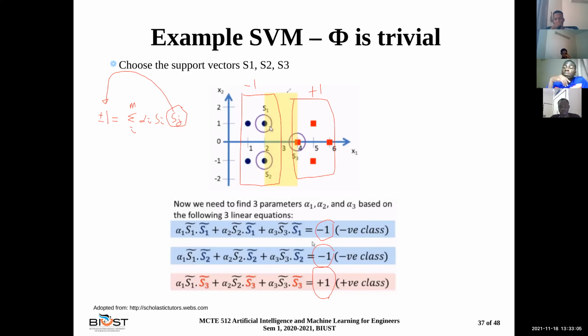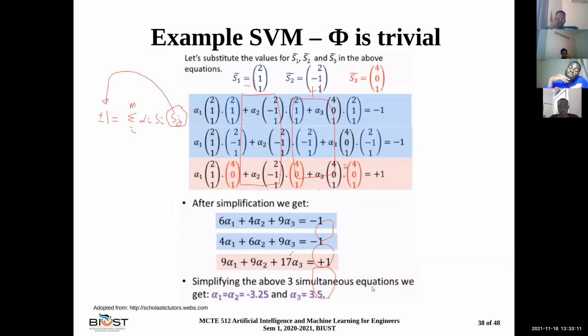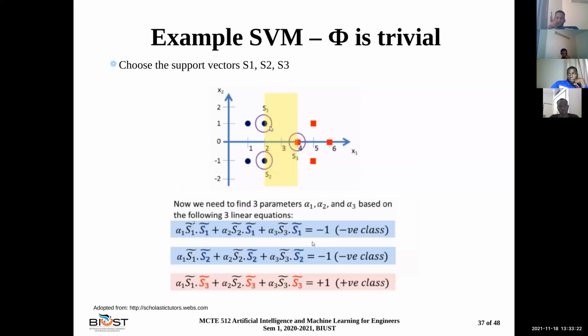For now, our input space is our feature space, so we classify in here. So these are the corresponding equations, and these are your support vectors.